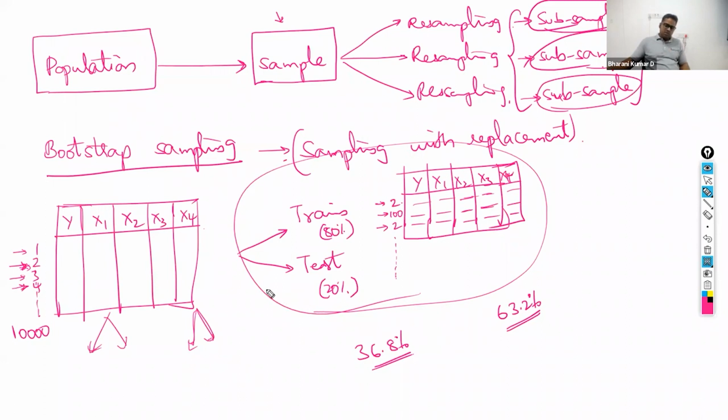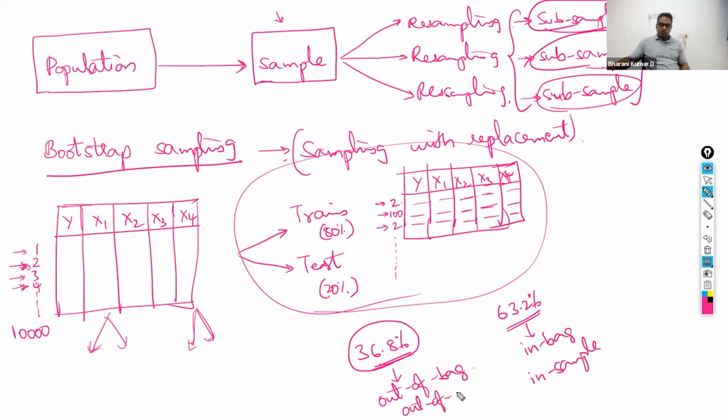That means 36.8% of the original data set would always be out of bag. It won't be in your training. It will always be out of bag. It won't be in bag. In bag is also called in sample. Out of bag is called out of sample.